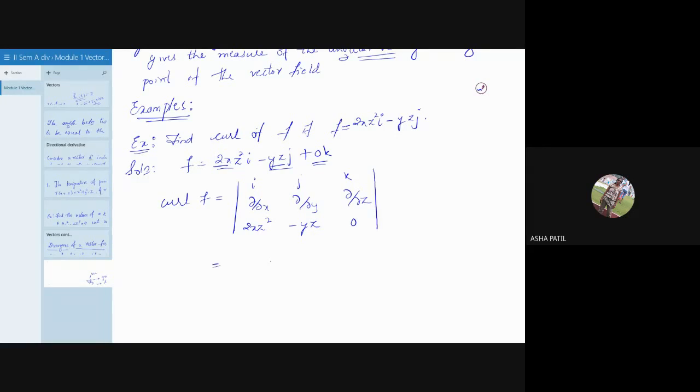Let us expand this determinant. i into dou by dou y of 0 minus dou by dou z of minus yz.